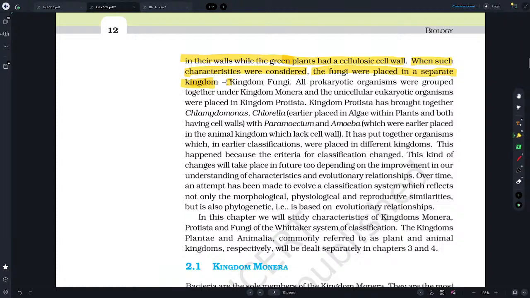If these are two hyphae and they are haploid, N, meaning they are haploid, and the condition is that they are compatible, then these are two mycelia of two different fungi of compatible type, and they fuse to form a completely new hypha. This is a means of sexual reproduction.